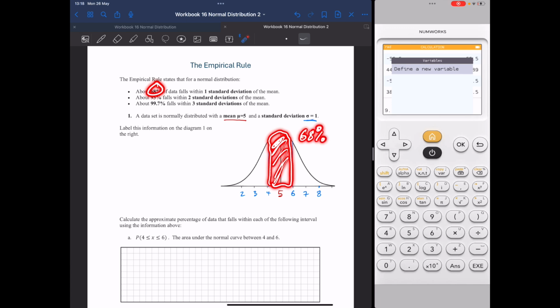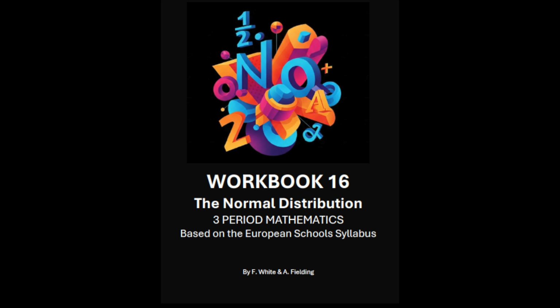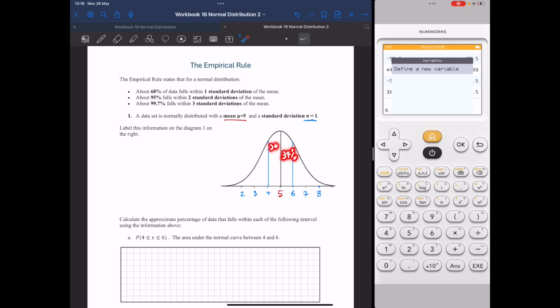Now what we can do is we can call this 34% and 34% here, because those two numbers add up to 68%. 68 divided by 2 is 34. And this here is symmetrical, so these two areas are the same size. And if the whole thing is 68, half of it is going to be 34. So we're going to write that down. 34%, and 34% here too.